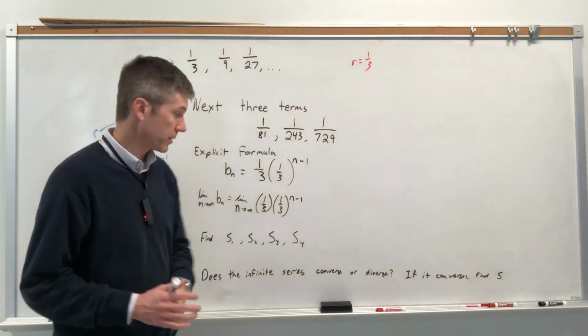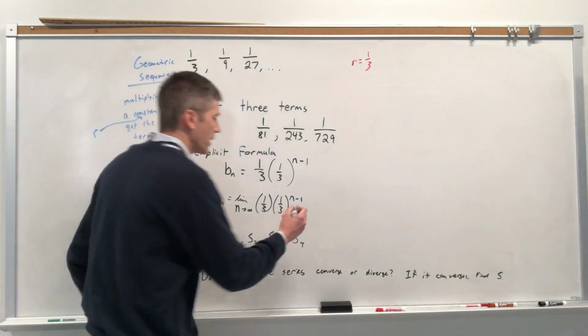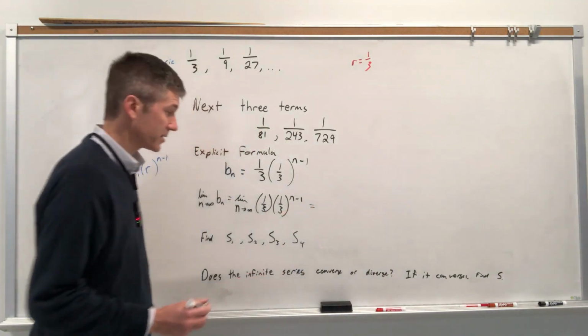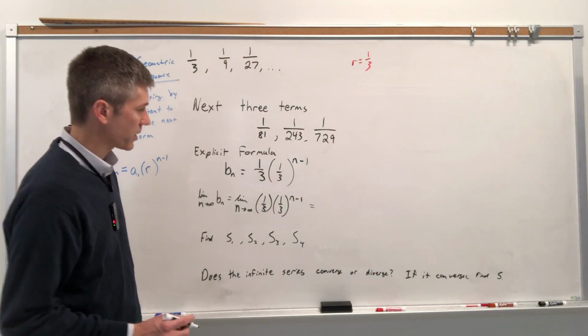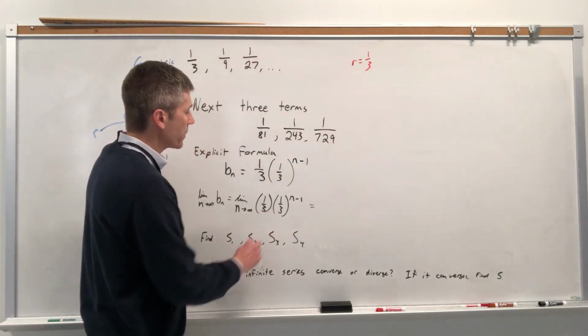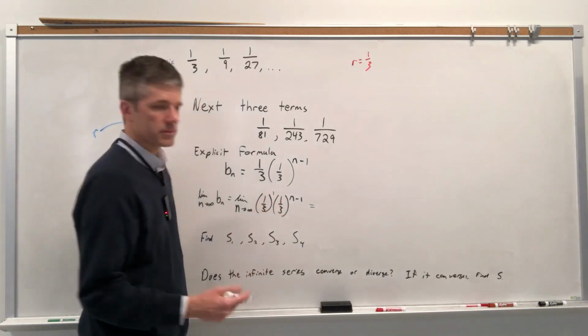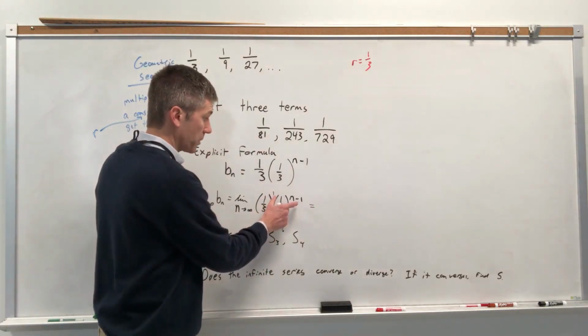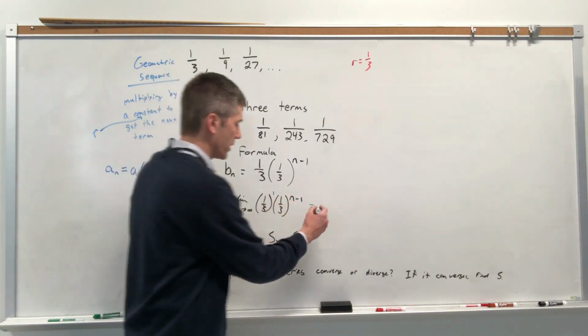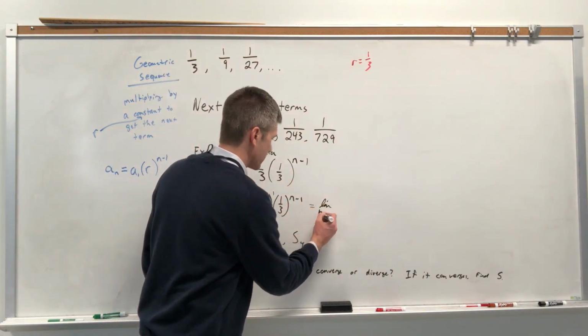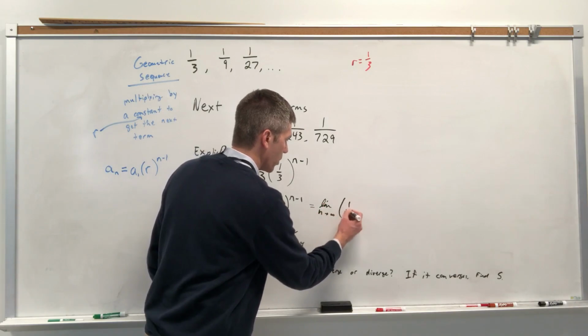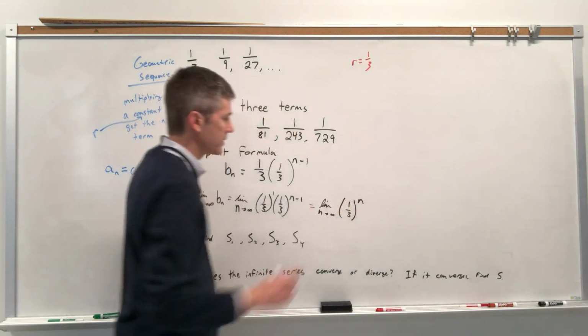Let me show you a little bit in a different context here. Because, and this is glorious the way this one specifically works, these are both 1/3. Because these are both 1/3, I can put a 1 here, it's already there, and then add my exponents, 1 plus n minus 1, and this really gives me the limit as n approaches infinity of 1/3 to the n, and this is the glorious part.